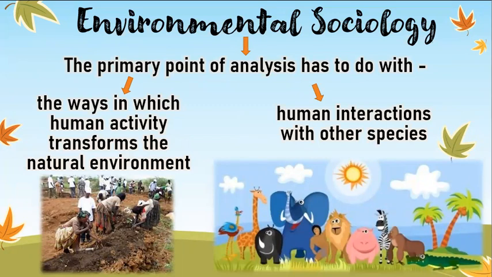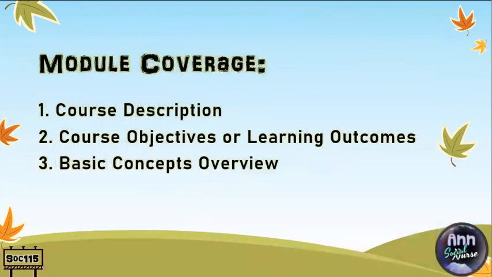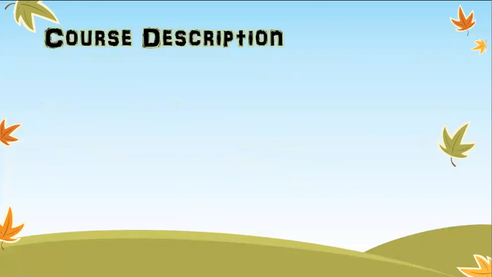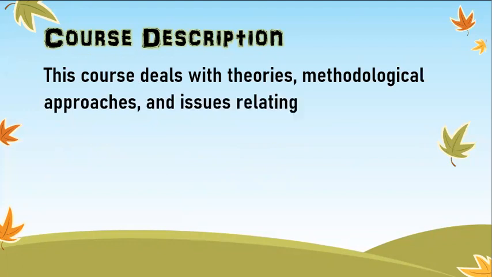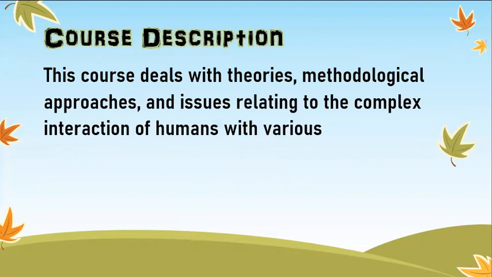Now, for this module, we are to cover course description, course objectives or learning outcomes, and basic concepts overview. We now proceed to have a look at the course description. As reflected in the syllabus, this course deals with theories and methodological approaches and issues relating to the complex interaction of humans with various ecosystems.